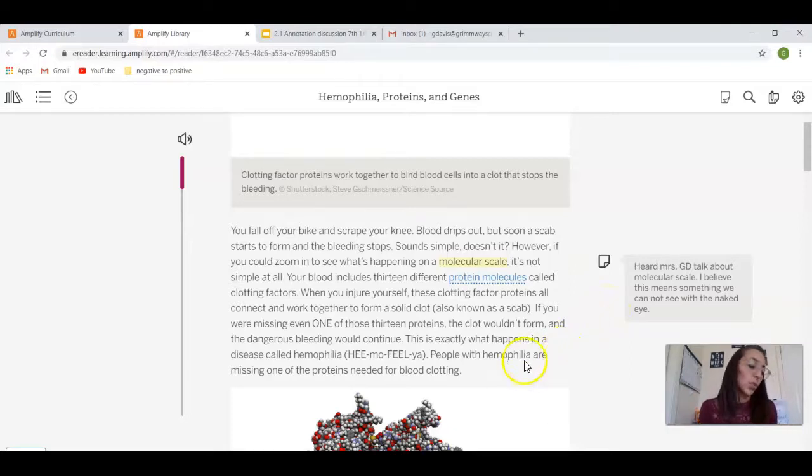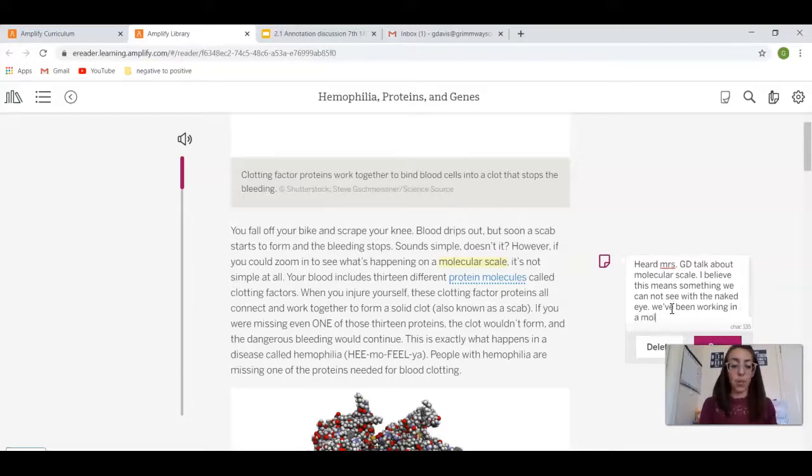I want you guys to also think about the molecular scale of the sim. So maybe you can think, oh, we've been working with molecular scale, and you can put we've been working in a molecular scale on the Sims.